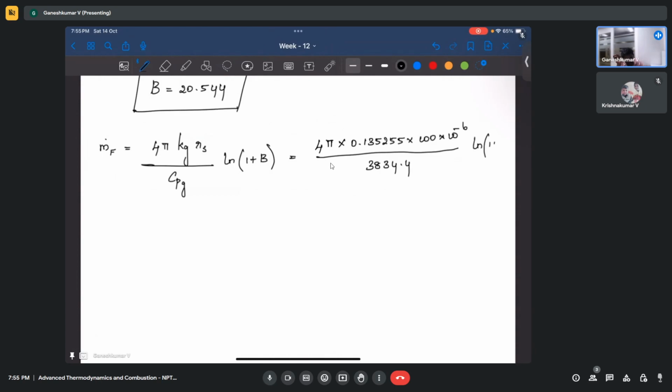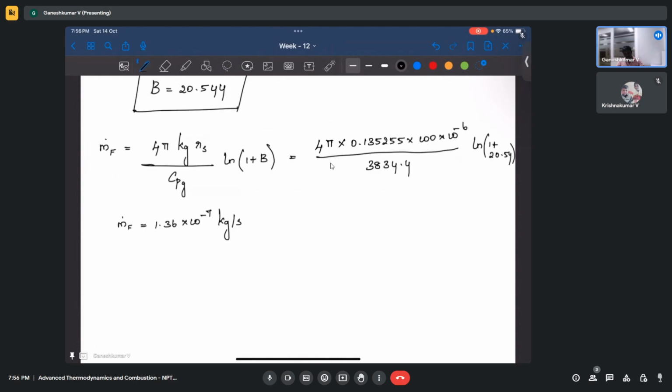ln of 1 plus 20.54. This will give you the mass burning rate, which is 1.36 into 10 power minus 7 kg per second.